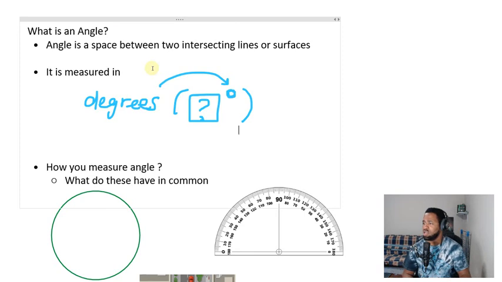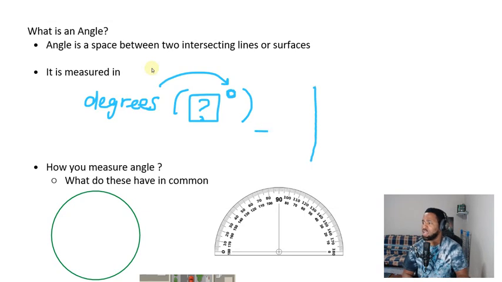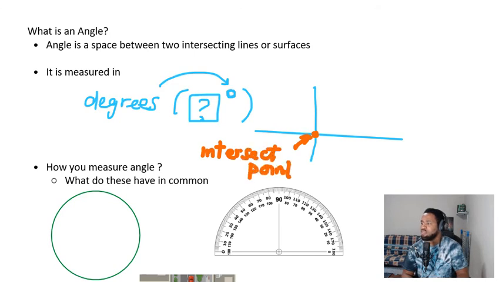For example, let's say you're given a line here and you have another line here and they meet at this particular point. This is called the intersecting point. I'm just going to shade this. This is the point of intersection, where they meet.